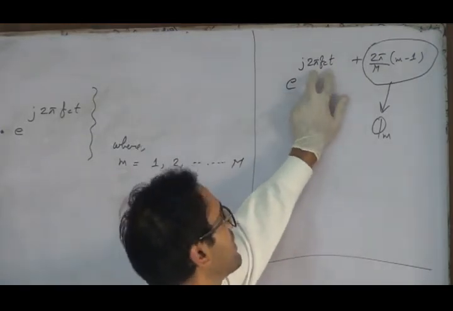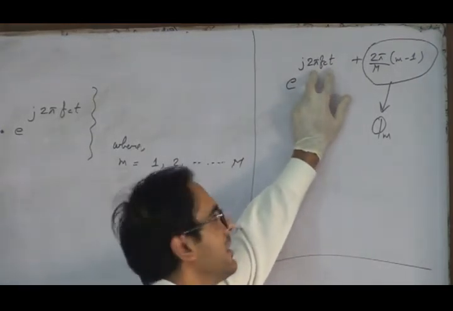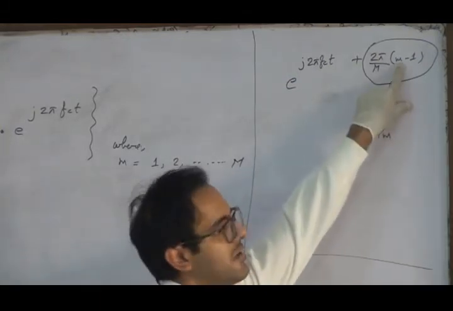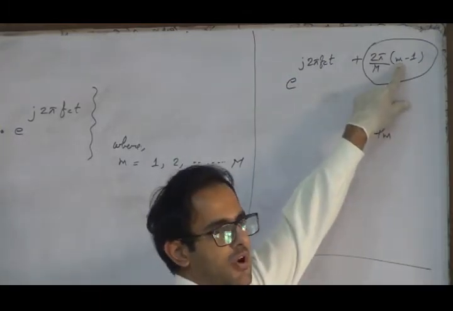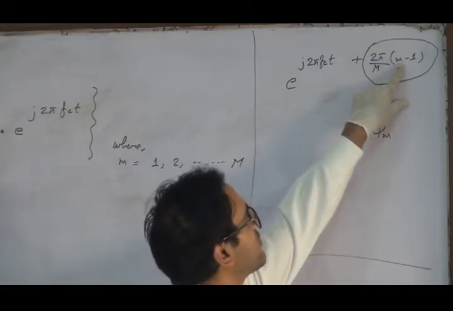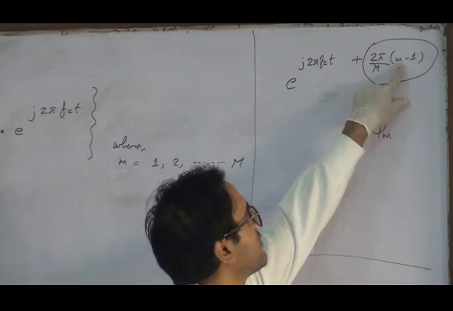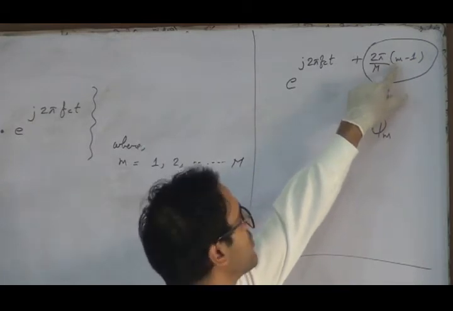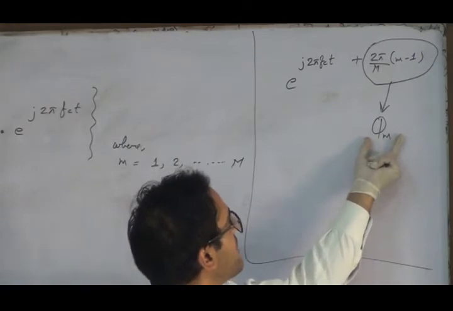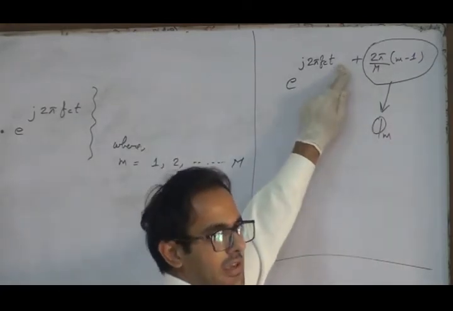So we assume the carrier has, say, 0 phase initially, but as the message signal changes, this small m will vary, since small m depends on the combination of the bits, right? So as the message signal varies, small m is going to vary, and you will end up computing a unique value of the phase out of it. And that phase value is added onto the carrier's phase.